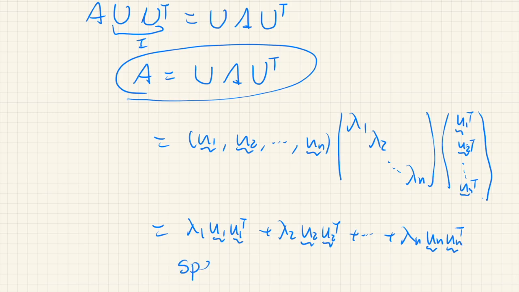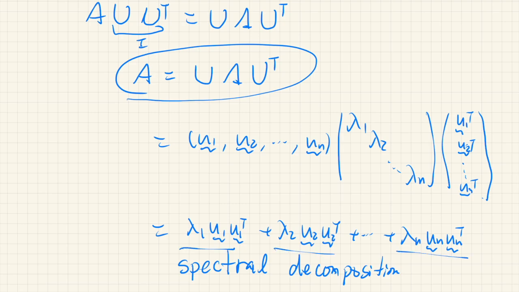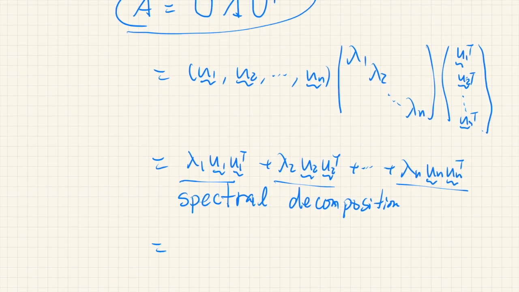So spectral decomposition. Spectral means A is decomposed into different spectrum of eigenvalues. And this becomes, using the sum symbol, the sum from i equals 1 to n of lambda i ui ui transpose.